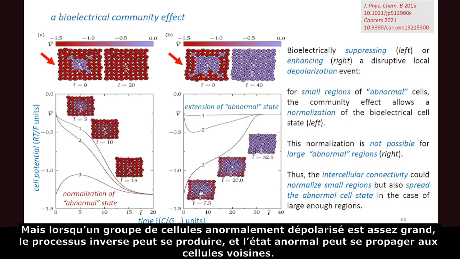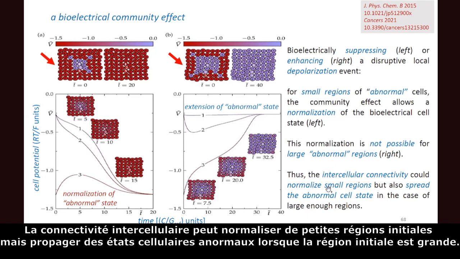However, when this abnormally depolarized group of cells is high enough in size, the contrary process is possible, and the abnormal state, instead of being normalized, causes an extension to the surrounding cells which initially had, as you can see, polarized states.